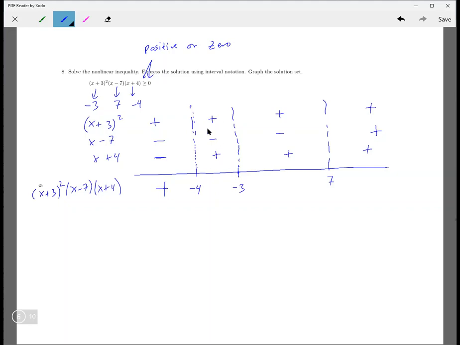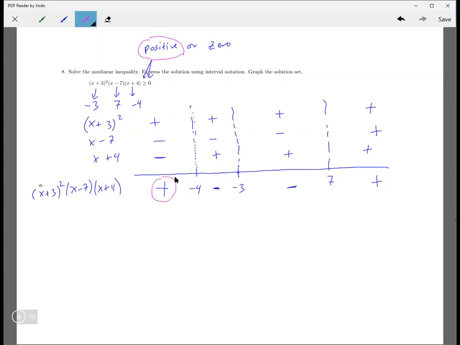This is negative when you multiply those three together, and that's negative, and this is positive. Okay, so an odd number of negatives means negative. An even number of negatives means positive. Now here, we want positive or 0.